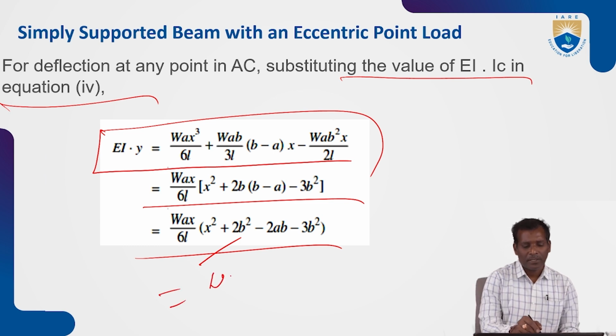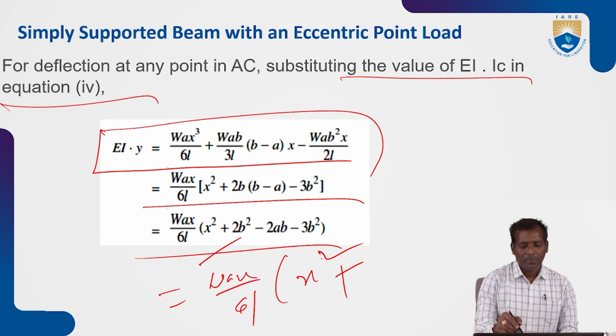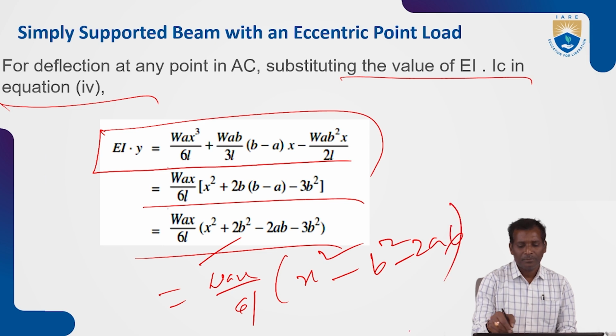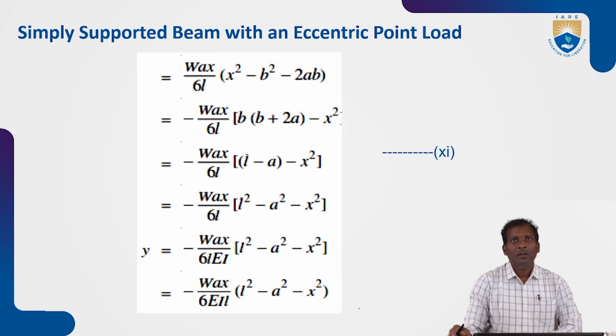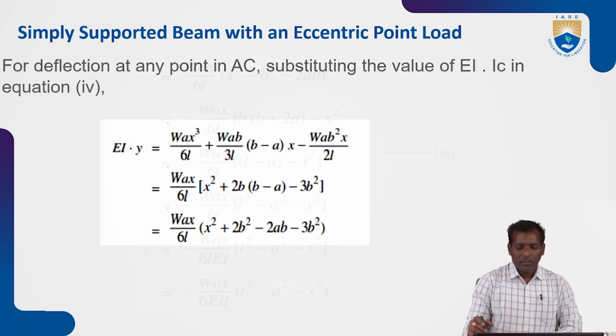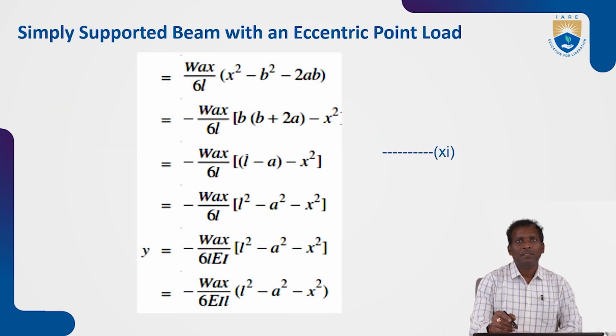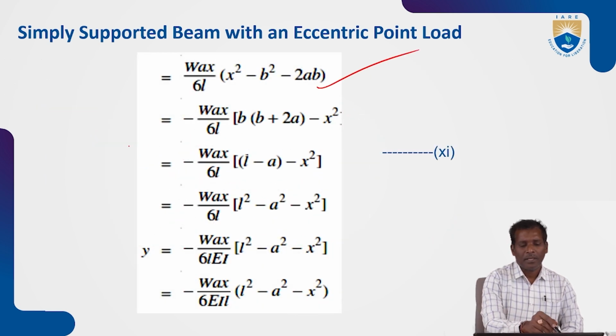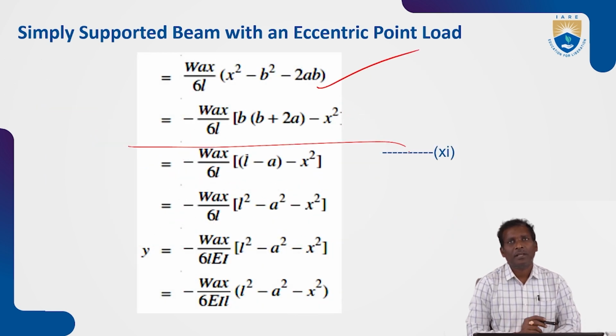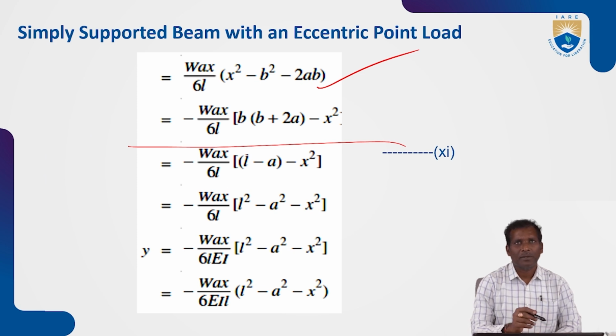So again you can write this equation as W A X by 6L into X square minus B square minus 2AB. Again you can simplify for further simplification.